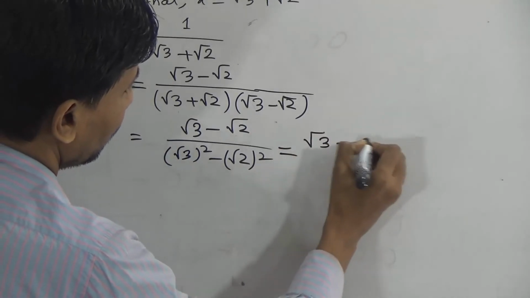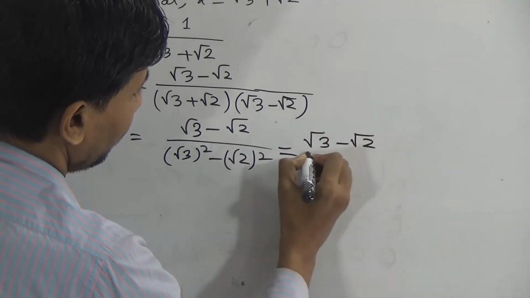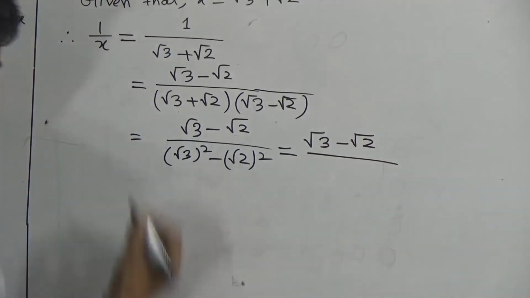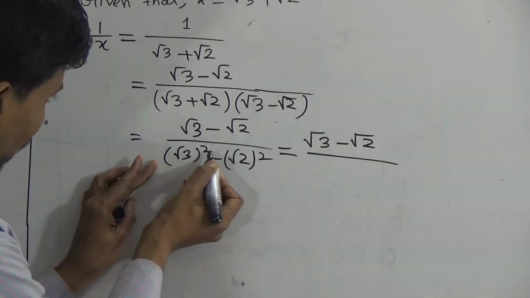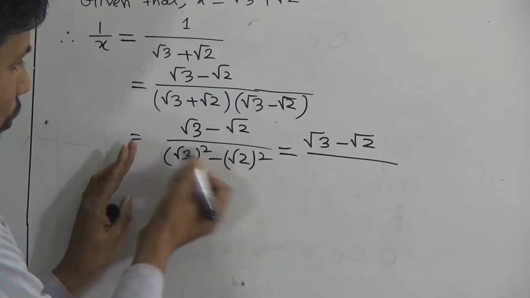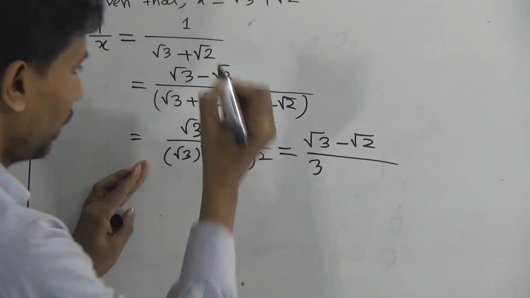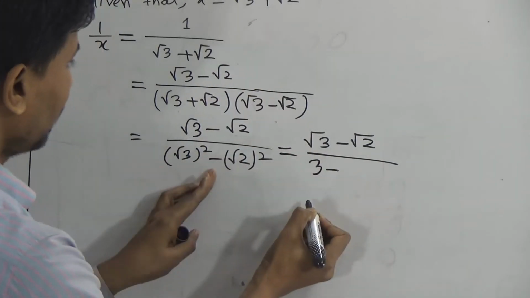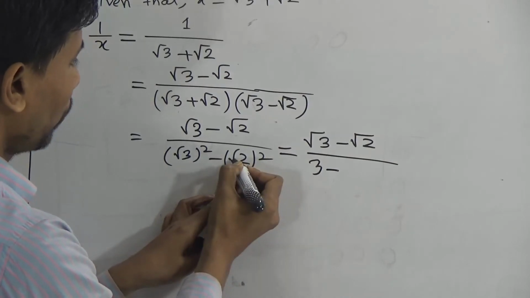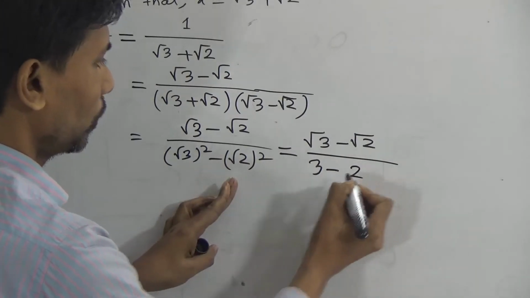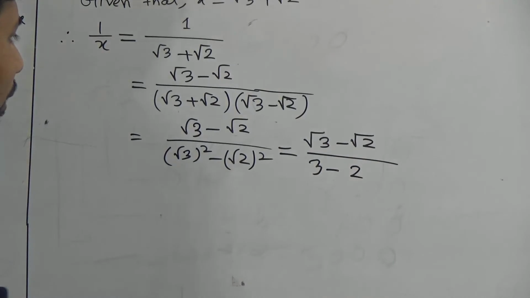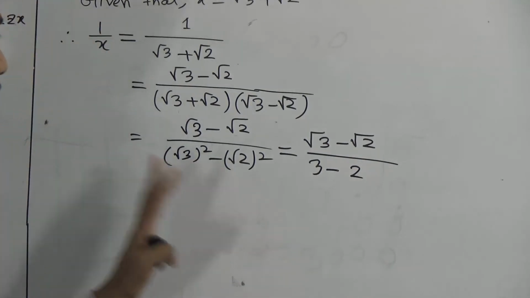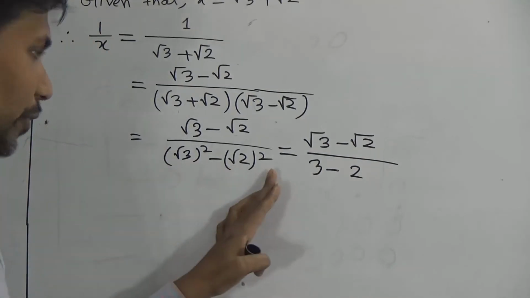Root 3, root 3, root 2. Look, square and square root will vanish, then we get 3 minus, square and square root vanish, then we will get 2.